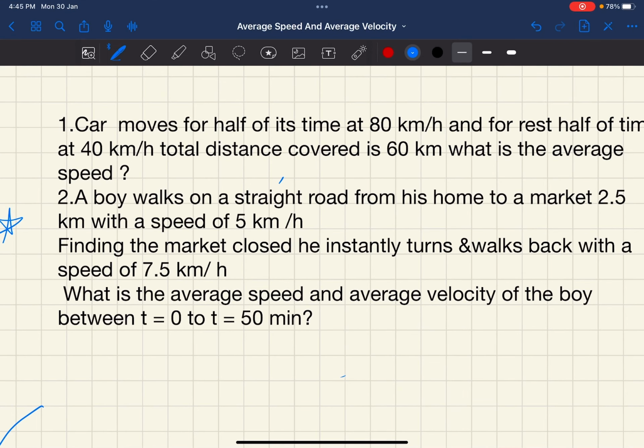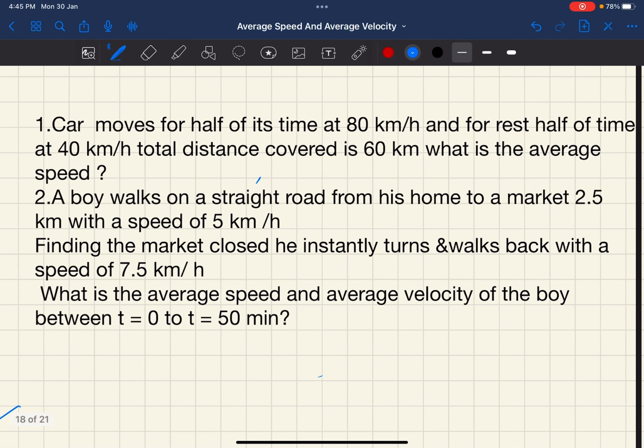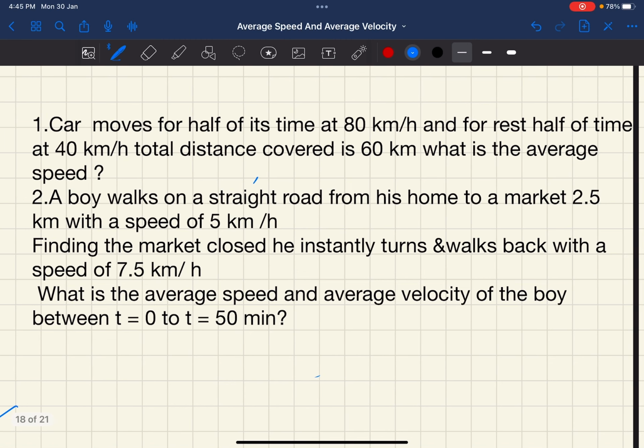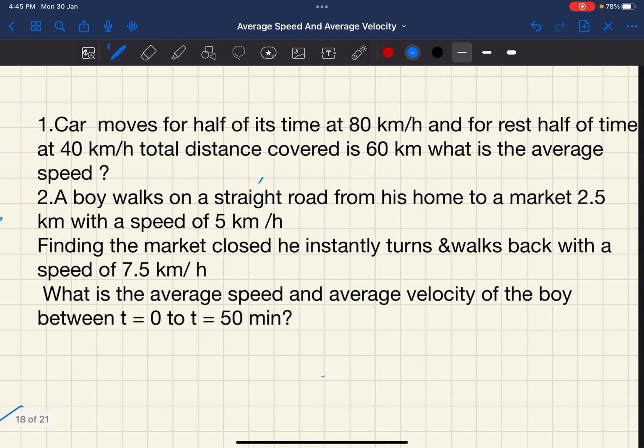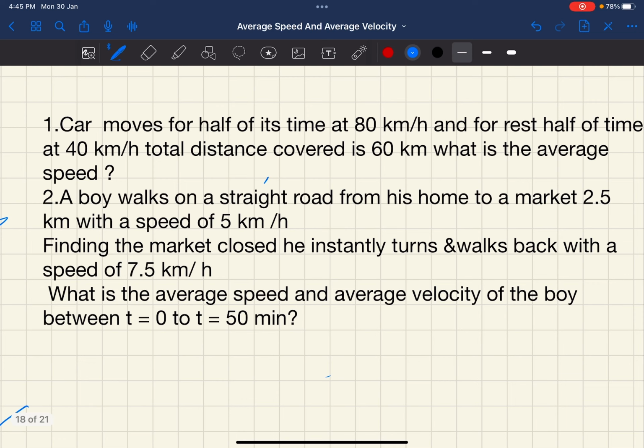Dear friends, we are going to understand the concept of average speed and average velocity with the help of two simple problems. The first problem is really very simple. It is about a car which is moving along a straight road. All our problems are based on straight line motion.